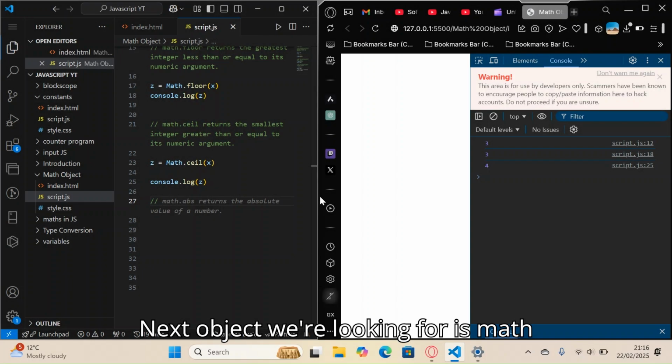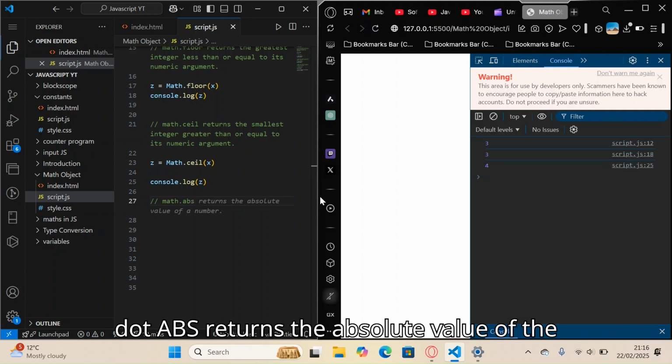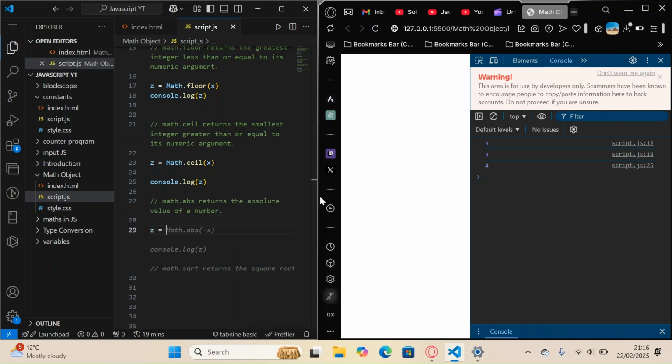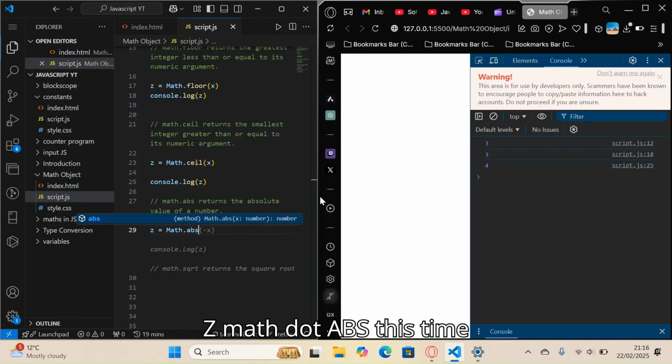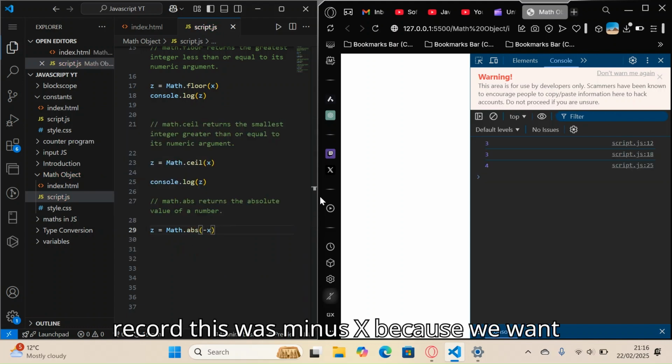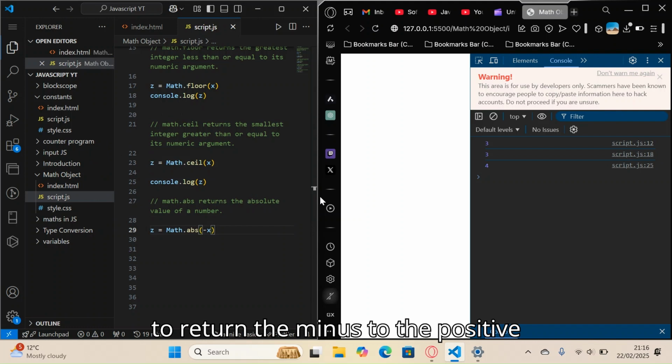The next object we're looking at is math.abs. Math.abs returns the absolute value of a number. So for example, we call z equals math.abs, and this time we pass minus x because we want to turn the negative into a positive integer.